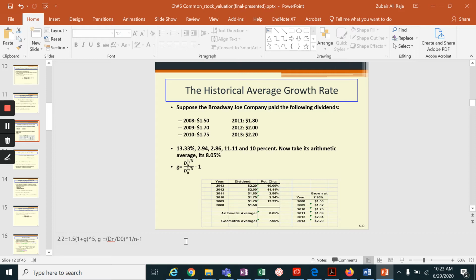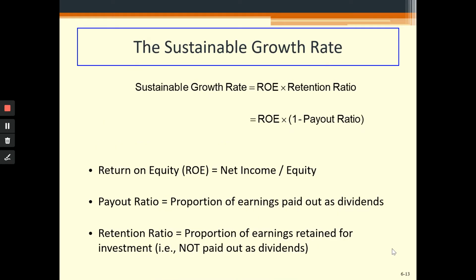The second way to find the growth is the sustainable growth rate. We can calculate it by multiplying the return on equity with the retention ratio. That is, how much percent of the earnings per share we are retaining after paying the dividends. Return on equity is simply the net income divided by the equity, and the payout ratio is simply the proportion of the earnings per share paid out as a dividend.